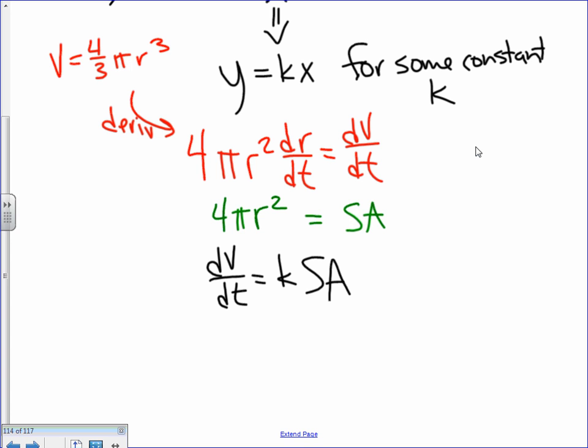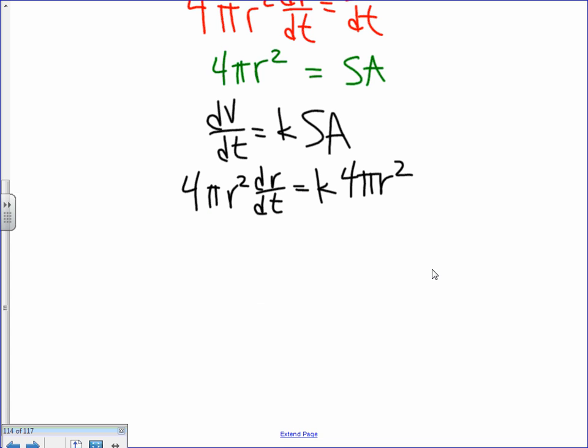Okay, let's substitute in. For dV/dt, what goes in there is 4 pi r squared dr/dt, and what goes in for surface area is 4 pi r squared. Now I divide both sides by 4 pi r squared, and I get that dr/dt equals k.